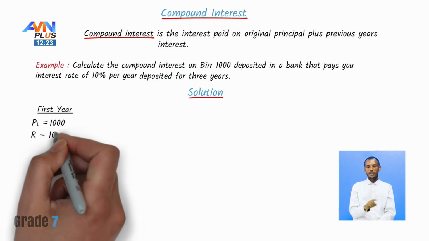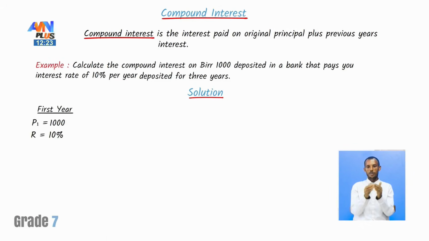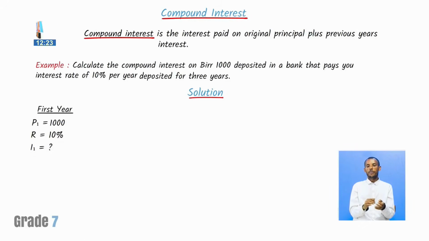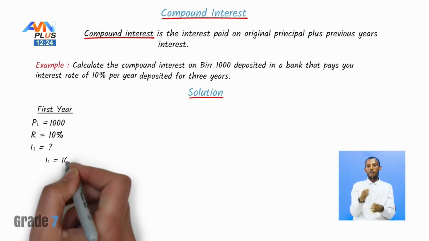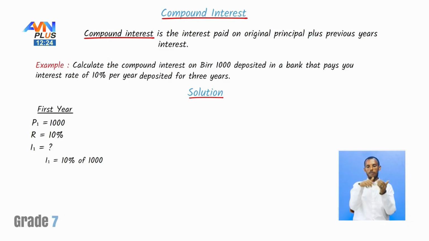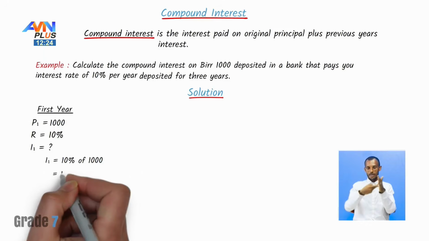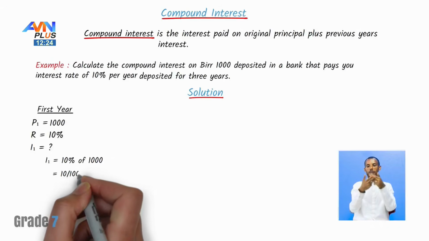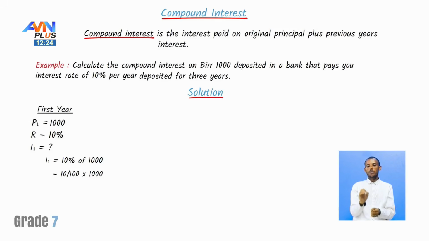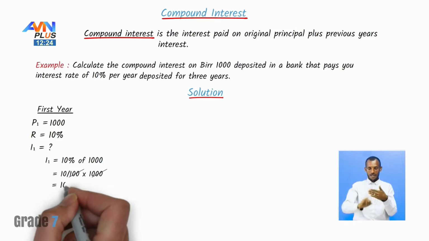The interest for the first year is 10% of the deposited amount. So I1, the interest for the first year, will be 10% of 1,000. This gives us 10 over 100 times 1,000. These two zeros cancel out. 10 times 10 is 100. Therefore, this will be the interest for the first year.